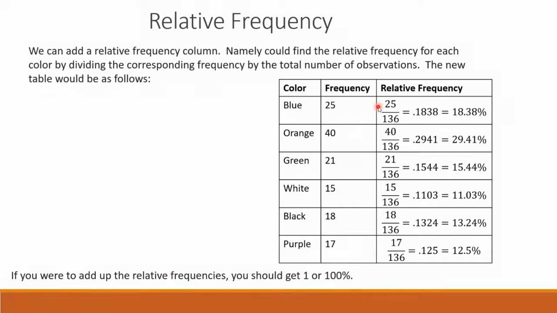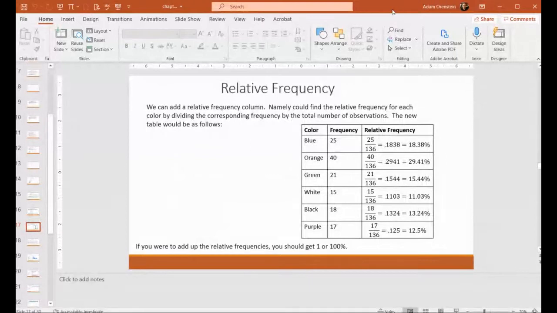Green would be 21 over 136 and so on. That's the relative frequency. What's interesting about relative frequency is that it's actually one way to define probability, but that's a different story. And if you added up the relative frequencies, you would get 100%.